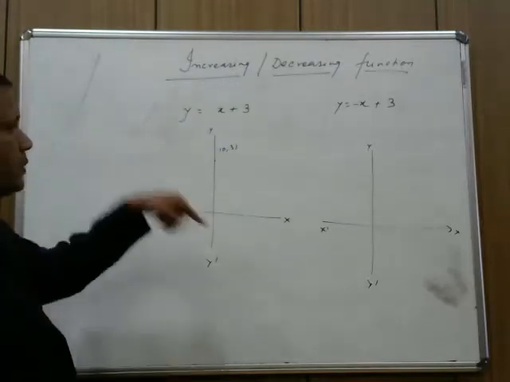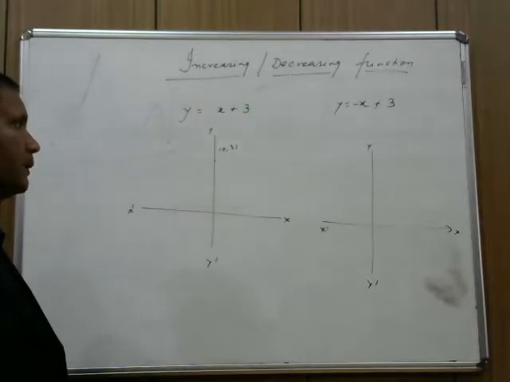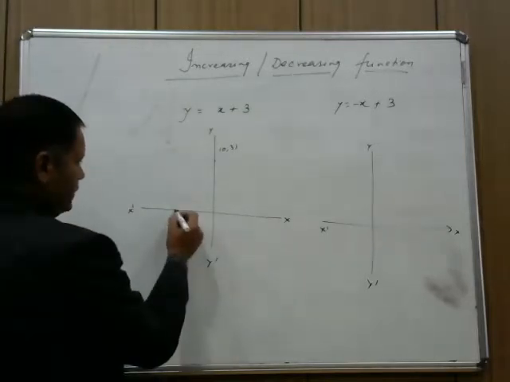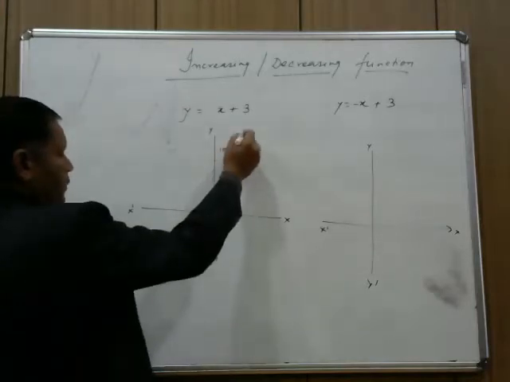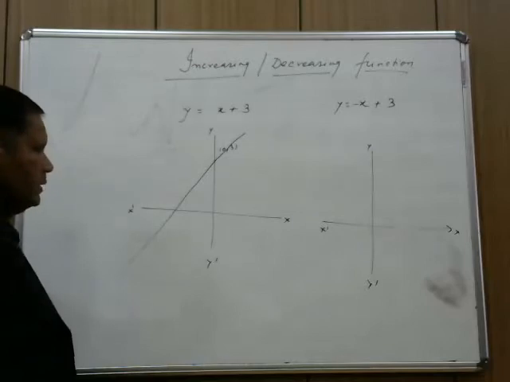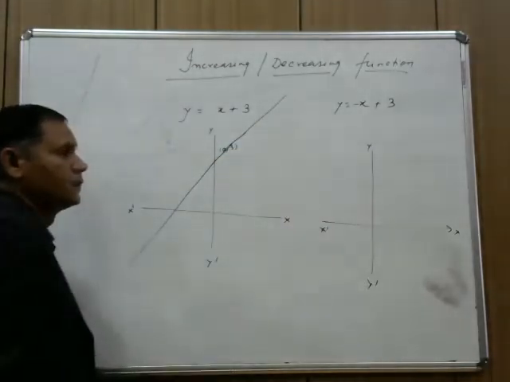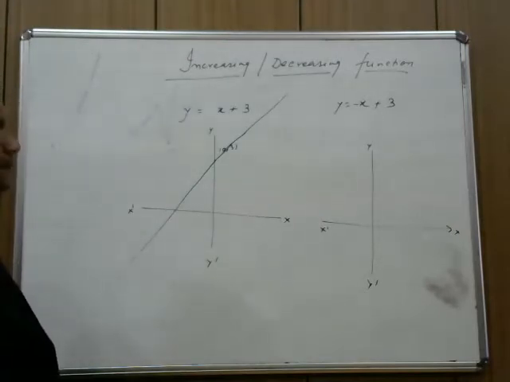When y is 0, x will be minus 3. That is certainly how the line will go, a straight line y is equal to x plus 3.